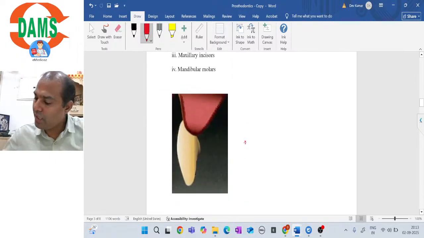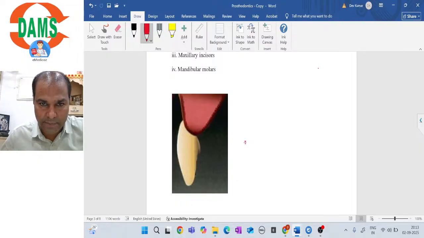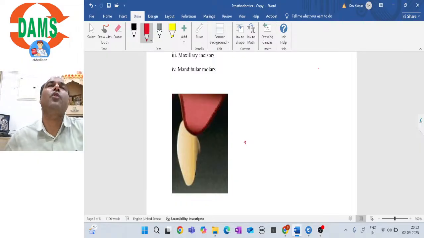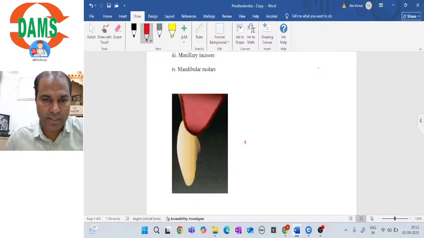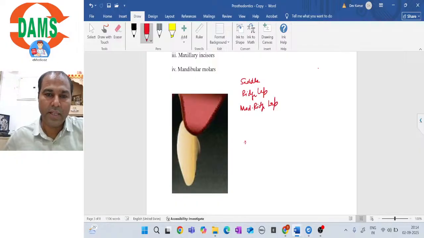Now how do you understand this? If we see the picture, those pontics contact the mucosa in the anterior region. So the first to come was saddle, then ridge lap, then modified ridge lap, then came the spheroidal, then ovate and modified ovate.